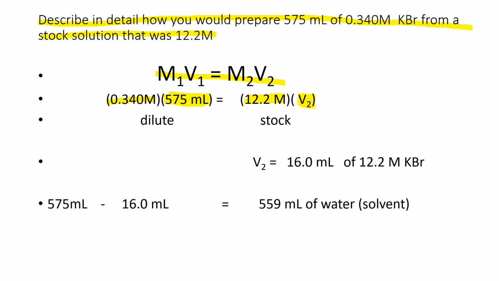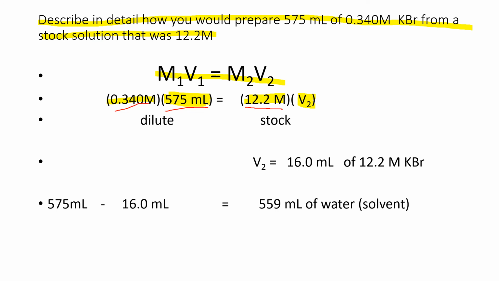In order to solve this, you have to do a little bit of algebra and isolate the variable, the volume of that stock solution. So you would multiply the left-hand side, 0.340 molar, times the 575 milliliters, and then you would divide by the 12.2 molar.